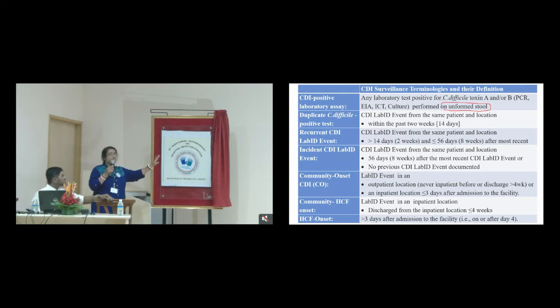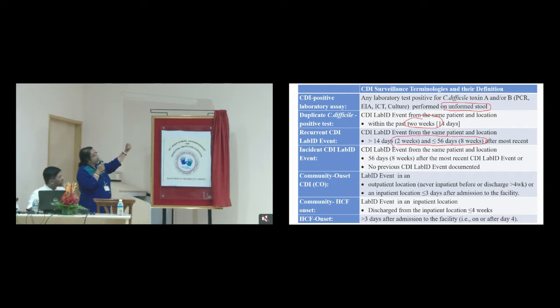Next, what is a duplicate C. difficile positive test? You have a CDI lab ID event from the same patient and location within the past 2 weeks, that is 14 days. You test again and it is found positive.